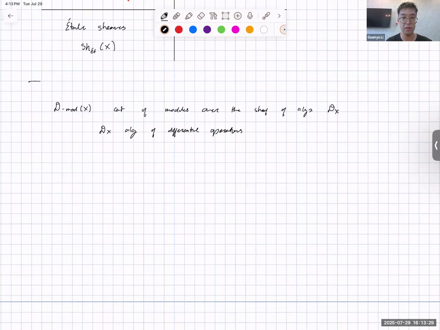D-module doesn't actually mean modules over D, the algebra, which is not a commutative algebra. It's appropriate to think of these as modules over a non-commutative ring. No, it's not correct. He corrected me very. If X is affine, this is not perfectly fine. At least it's not commutative.